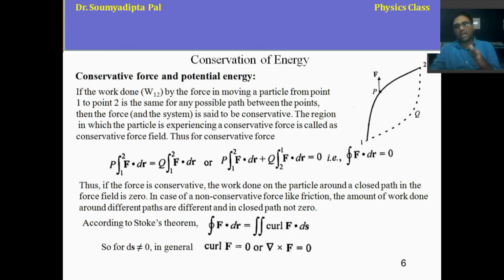If you do this curl F dot ds surface integration, it will give us the flux of that curl of F. Now as this is a non-zero surface area, this curl of F will be 0, because this is a conservative force. ds is non-zero, so that's why this integrand curl F has to be 0.